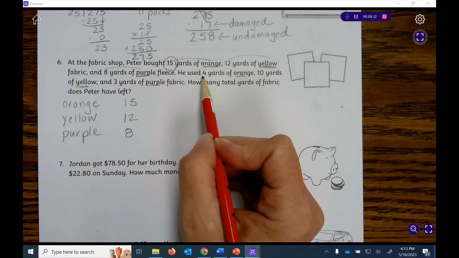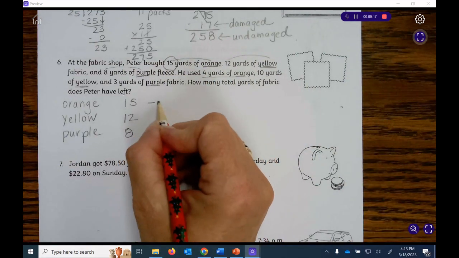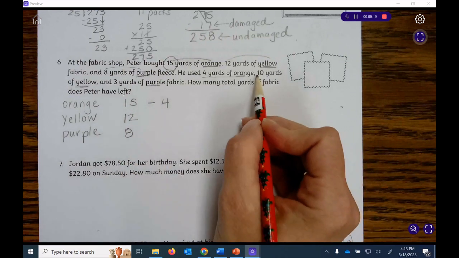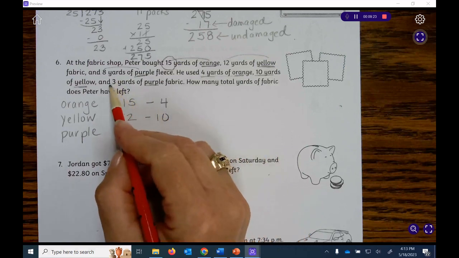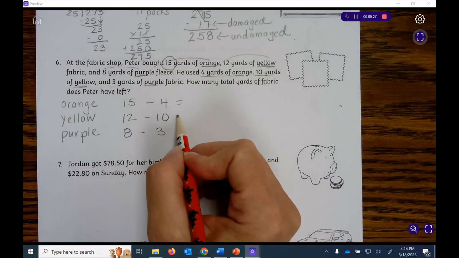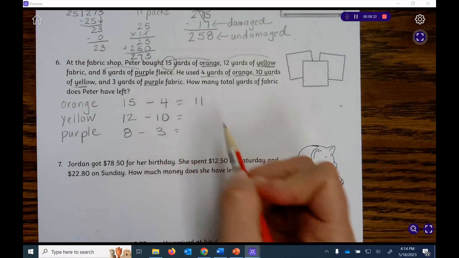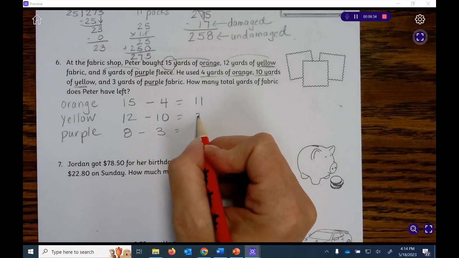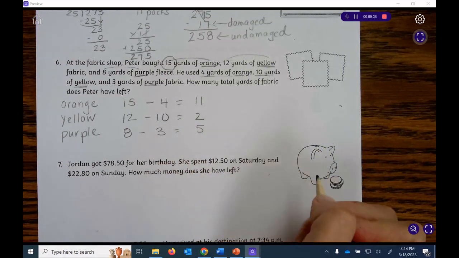Now he used 4 yards of orange. That means we're going to take away 4. He used 4 yards of orange. He used 10 yards of yellow, and he used 3 yards of purple. So that means he has 11 yards of orange left, 2 yards of yellow left, and 5 yards of purple left.